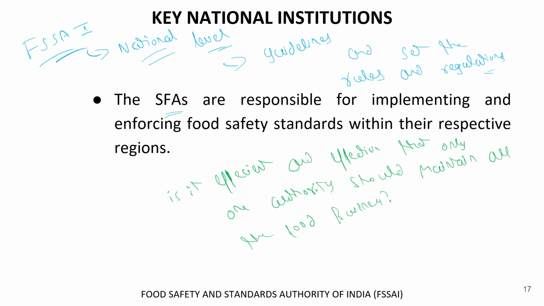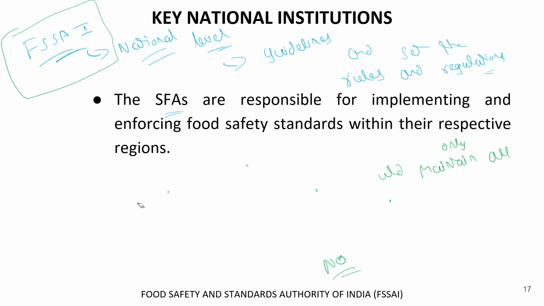Is it effective, efficient? Clear cut, no. Because FSSAI is not able to do all these things. That's why every state and union territory has their own state food authorities, which are responsible to maintain the food safety regulations and standards within their respective states.